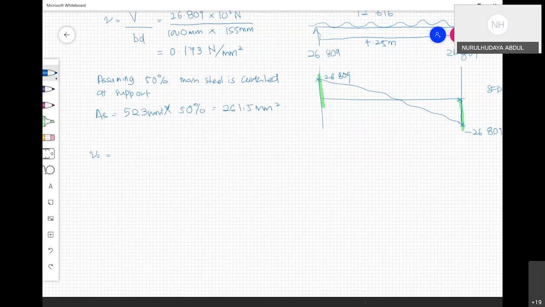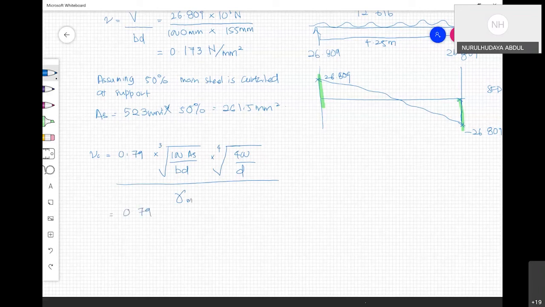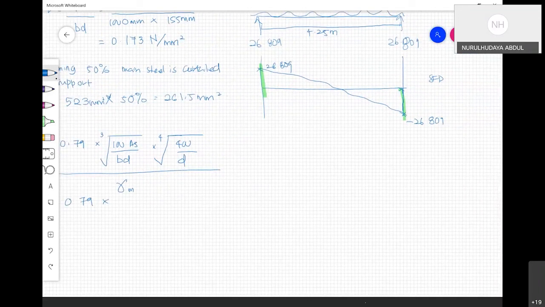Okay, so for VC the formula again, which is formula yang panjang tu, 0.79 darab square root 100 AS divided by BD, cos 3, darab 400 divided by D, and then bagi dengan gamma M. So kita nak kira 100 AS over BD ni dekat luar pun boleh, tapi I suggest you kira dekat luar lah supaya kita tak confuse terlampau banyak sangat.